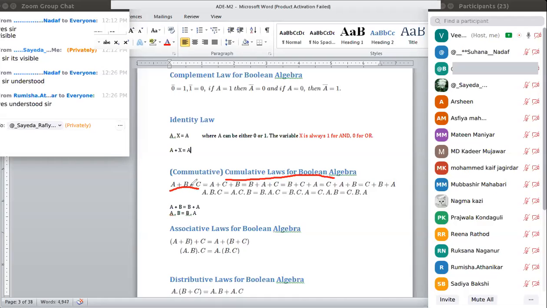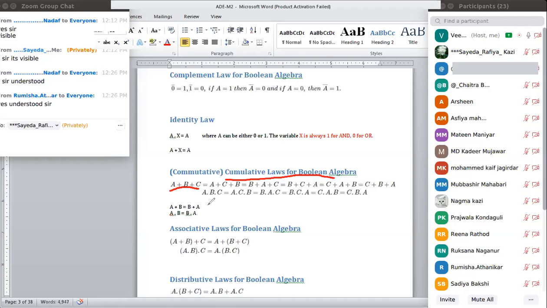Say, A plus B plus C is equal to A plus C plus B. The position does not matter in this kind of expression. Such arrangements can be called the commutative law, right? ABC can be written as BCA.